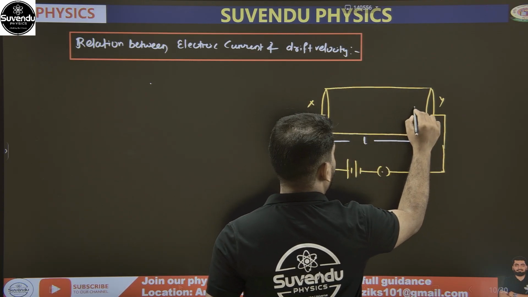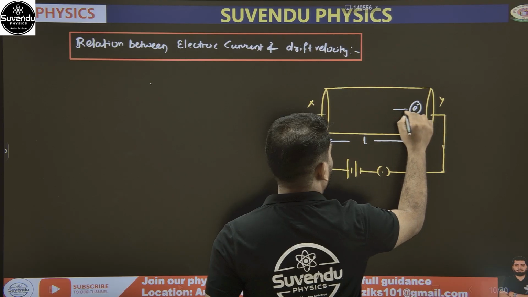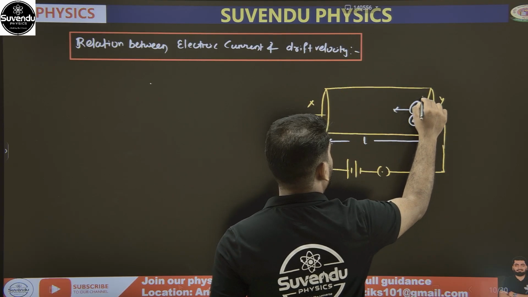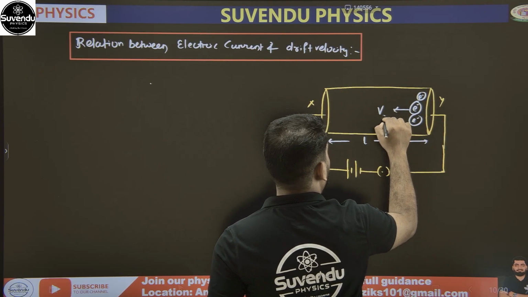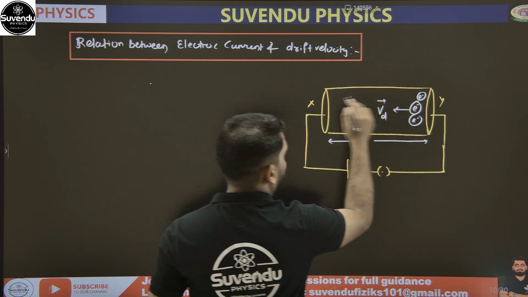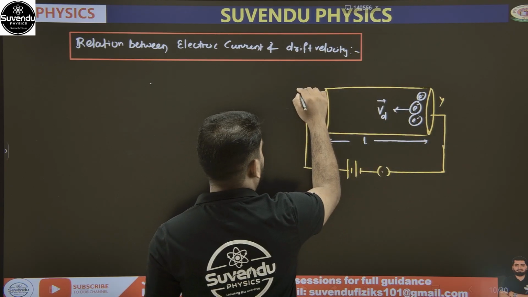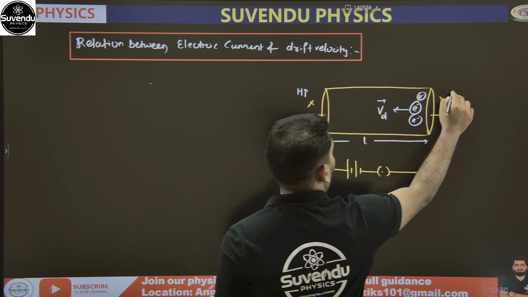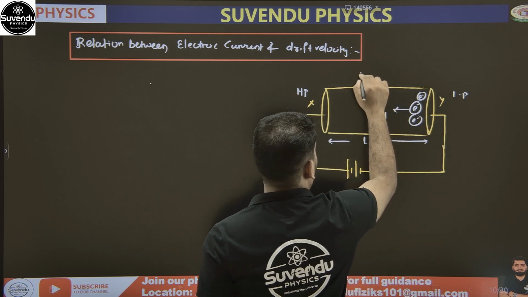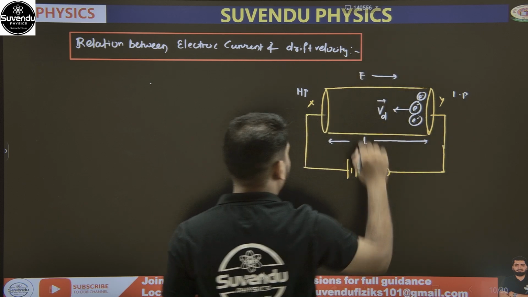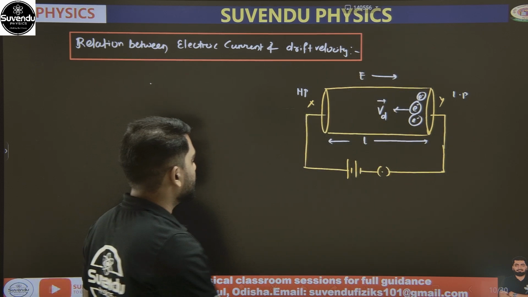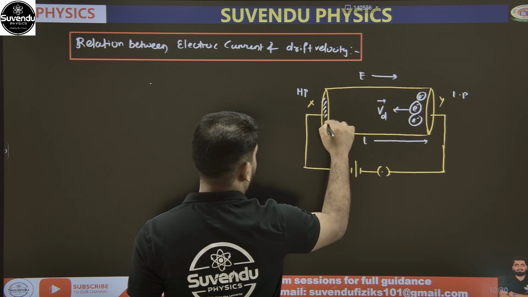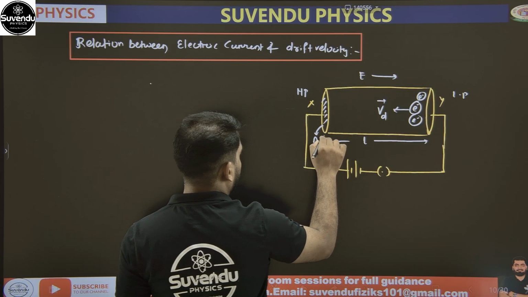The drift velocity of all the electrons is directed from lower potential to higher potential. X is your higher potential and Y is your lower potential. Electric field direction is from higher potential to lower potential. And A is the area of cross section of the conductor.